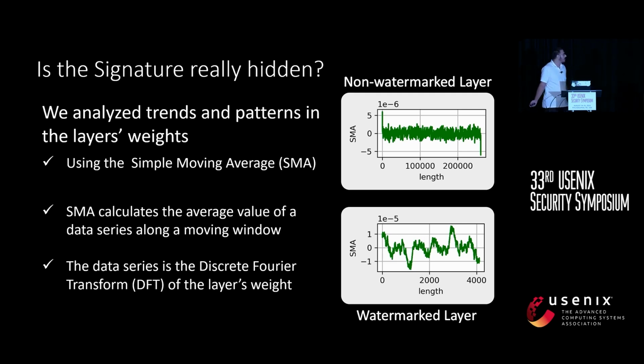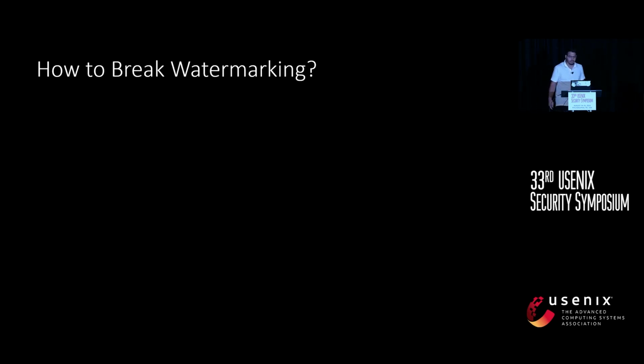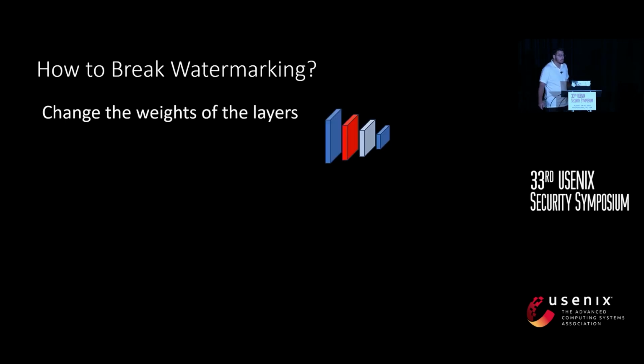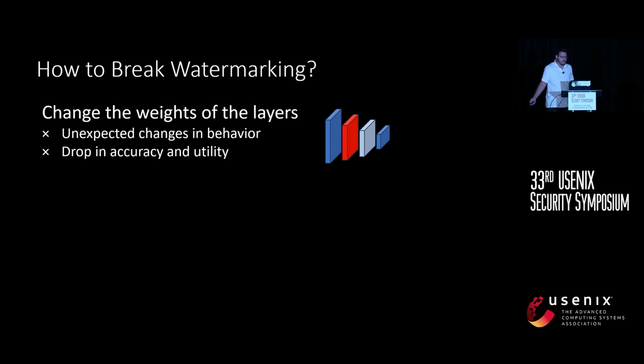So now, with this information, how do we break watermarking? We could change the weights of the layer to random values to change the encrypted key, but then we will have unexpected behavior. Obviously, a model with random weights is a model that has not been trained, and we have a drop in accuracy and utility.